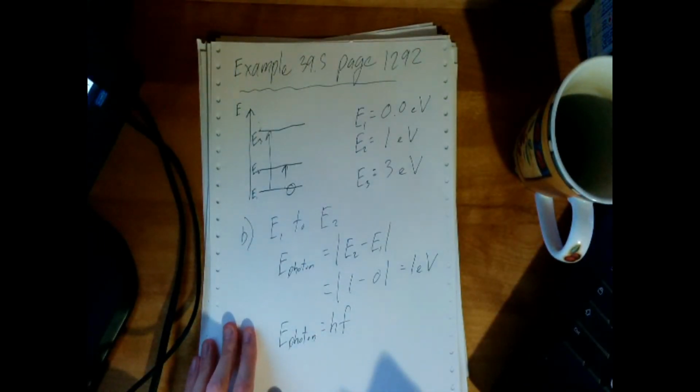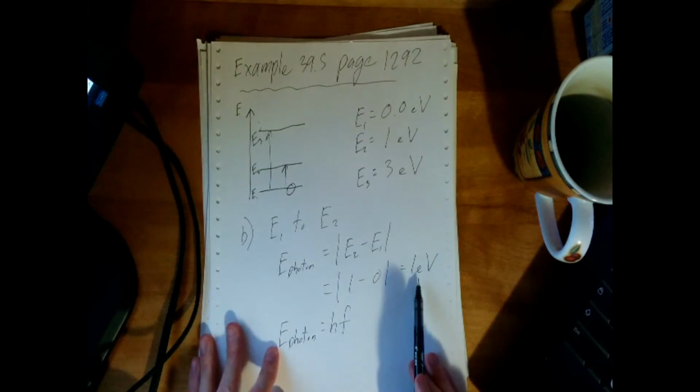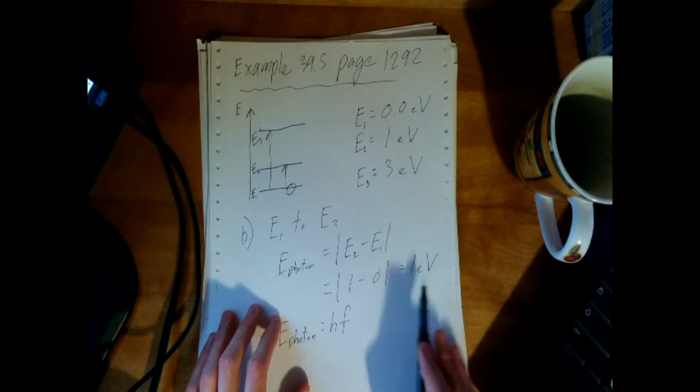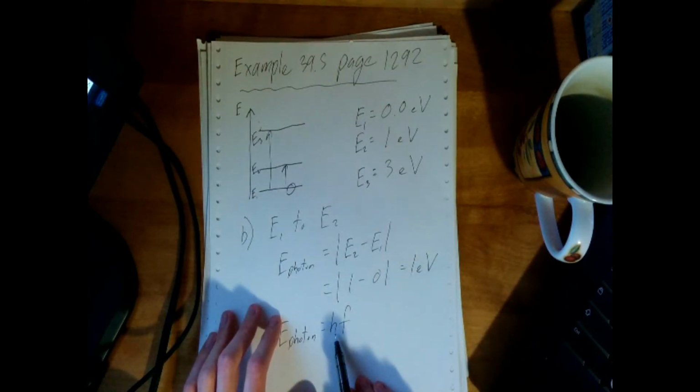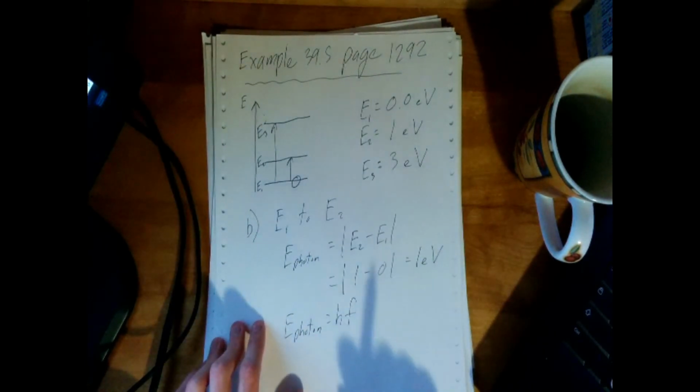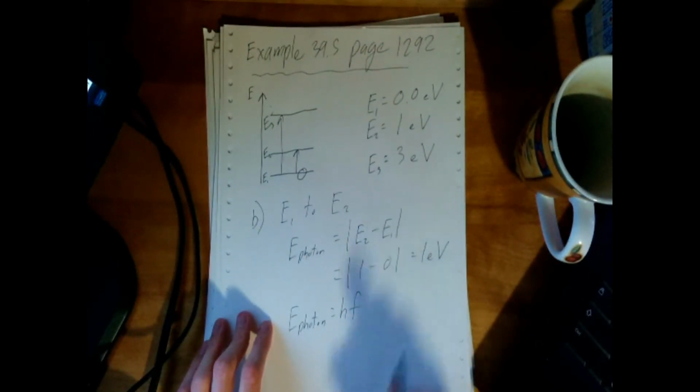So here again, two paths. I could use the Planck constant in electron volts times second, use directly this value of the energy, and find the frequency. Or I could also transfer this into joules, then use the value of the Planck constant in joule times second. Both work. I'll transfer this into joules. So the energy of the photon, which was 1 electron volt.